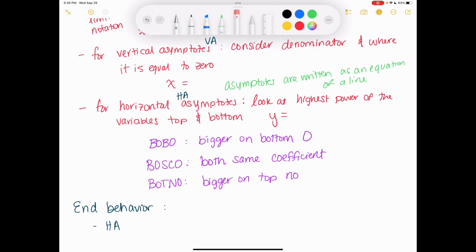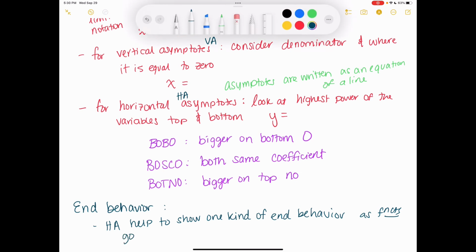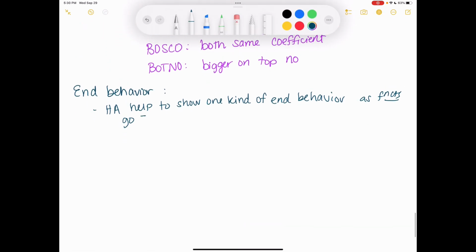Horizontal asymptotes help to show one kind of end behavior as functions go to one end of the x-axis or the other.